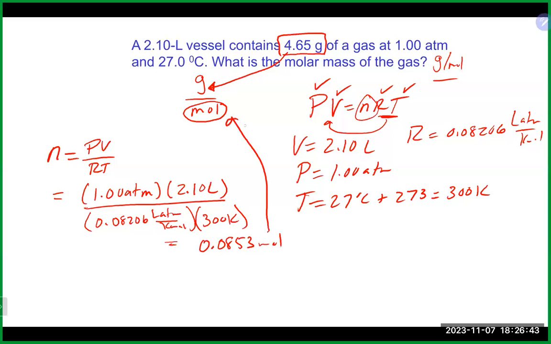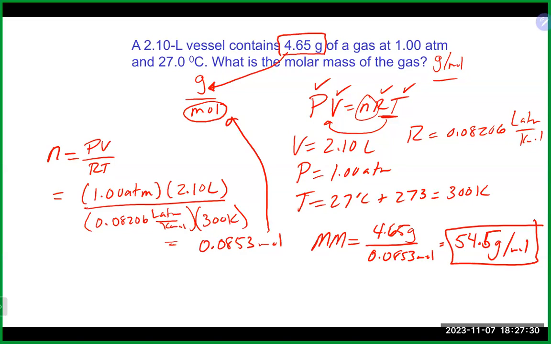And that's really the bottom part that we need. So our molar mass in this case would be our 4.65 grams divided by our moles here. And that's going to get us about 54.5 grams per mole as our molar mass.